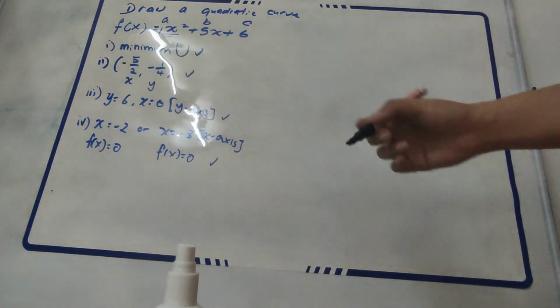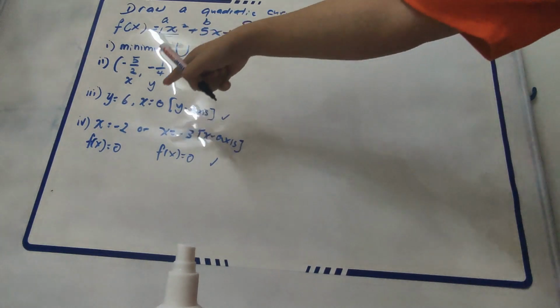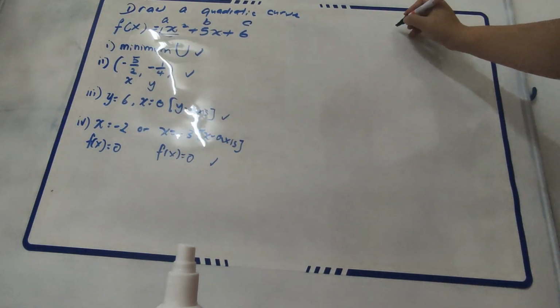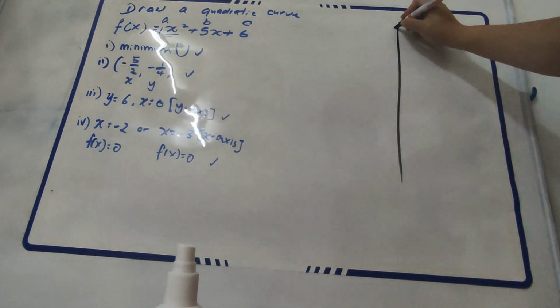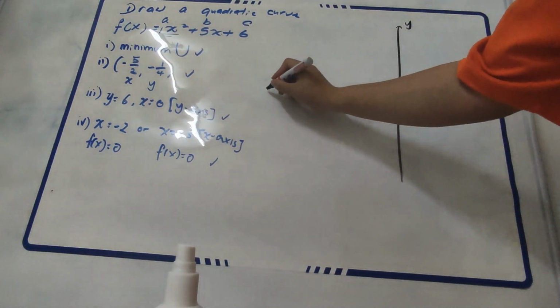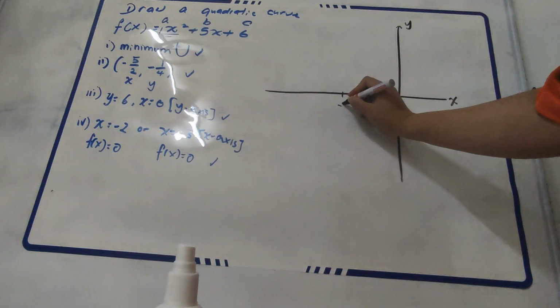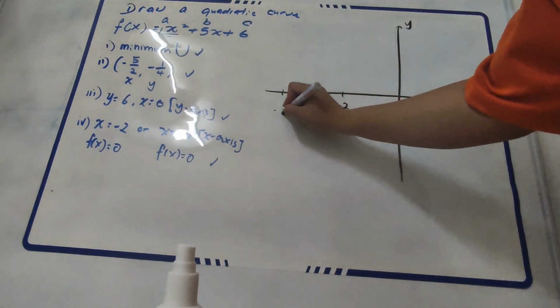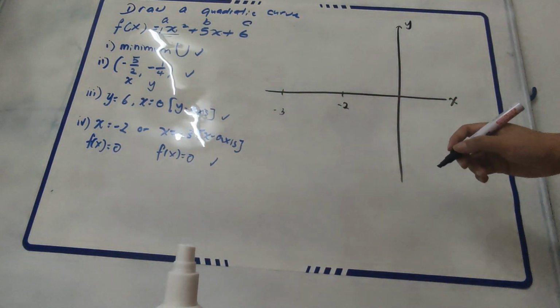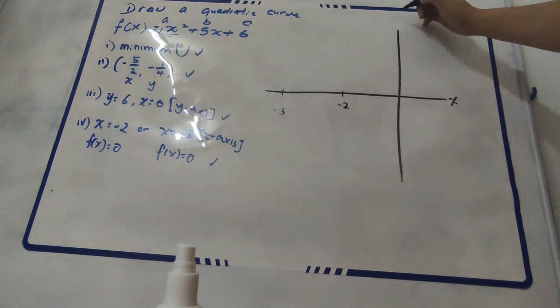Now we start to draw the graph. Because it's -2 and -3, I will move my y-axis more to the right. So this is my x-axis. So this is -2, this is -3, and I maybe need to lengthen my y-axis a bit.